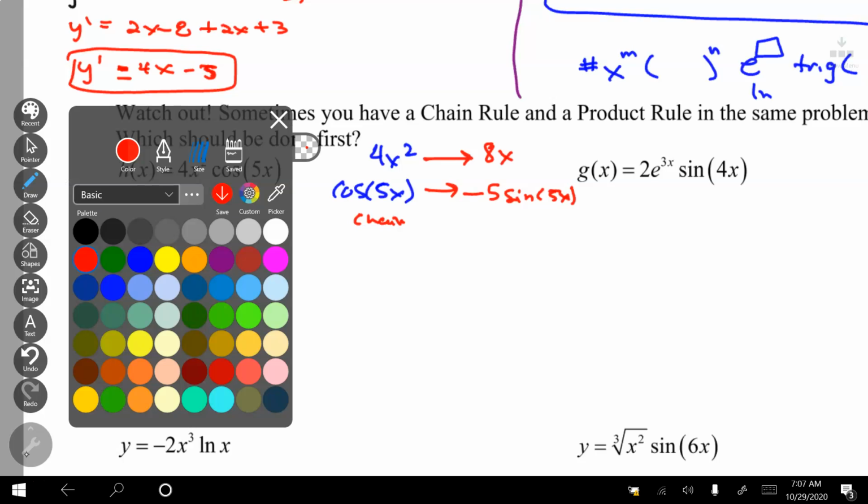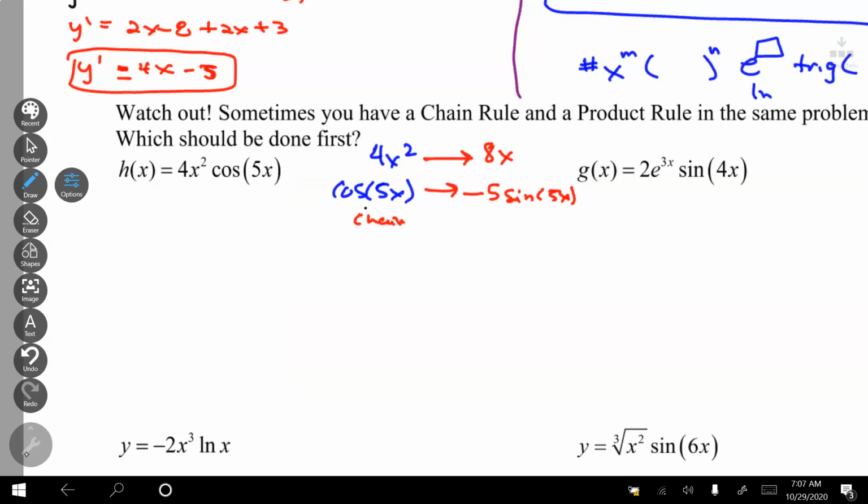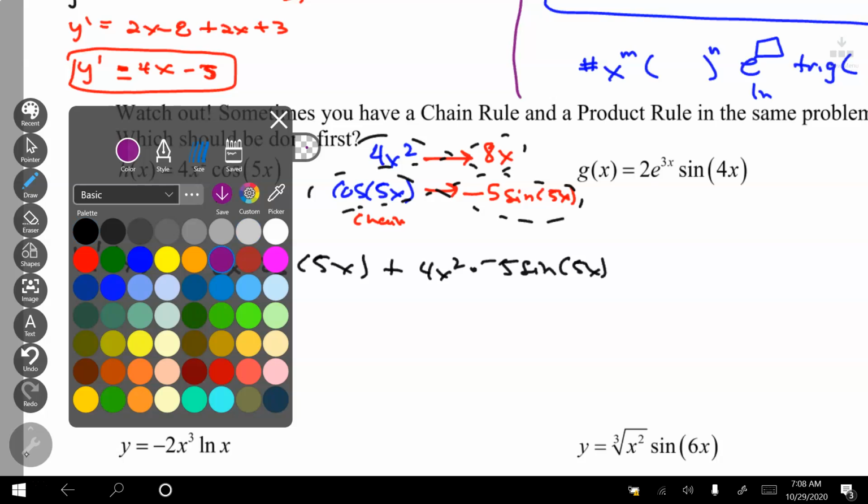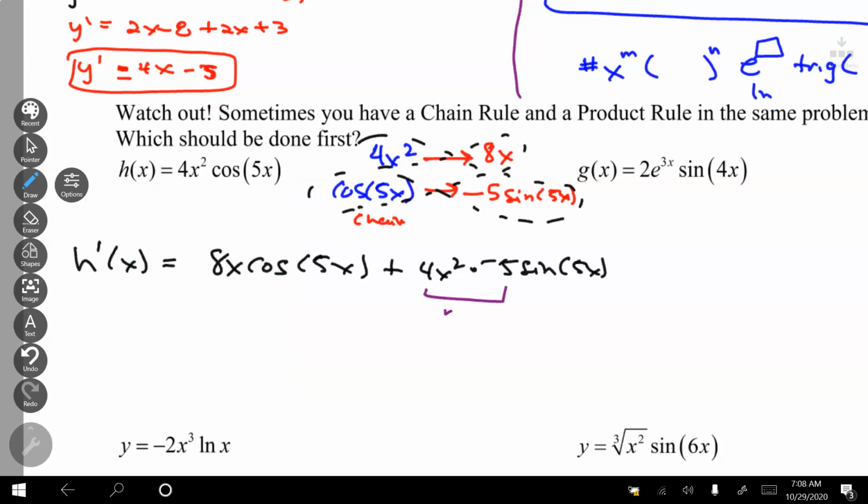Okay, now I'm going to set up my crisscross. I do this guy first, so h prime of x equals 8x cosine of 5x, and then plus, I do the other way, and technically it is 4x squared times negative 5 sine of 5x, but that doesn't really look nice, because what we should do is multiply out these coefficients.